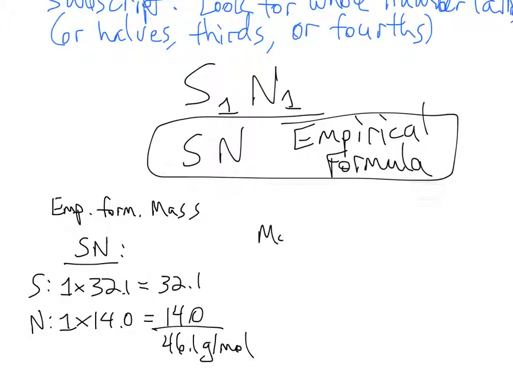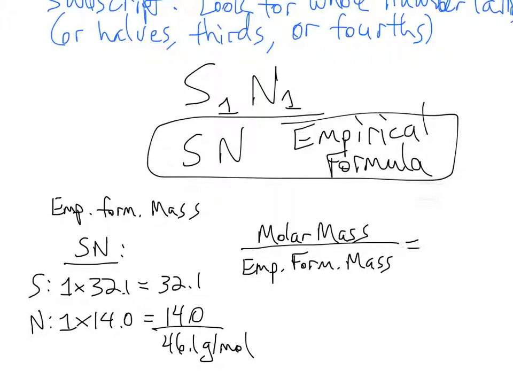Then if we take the molar mass, which they gave us in the original problem, of 184, and divide that by the empirical formula mass, you should get a whole number.